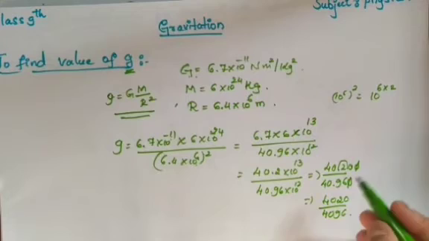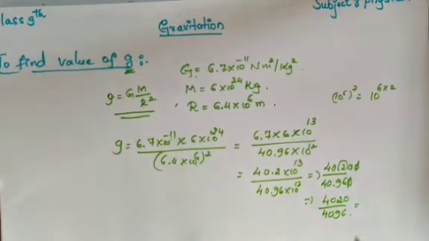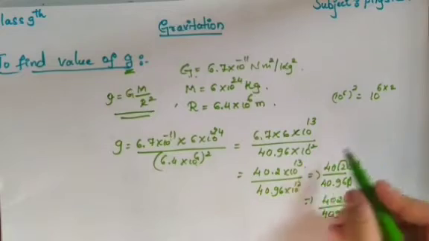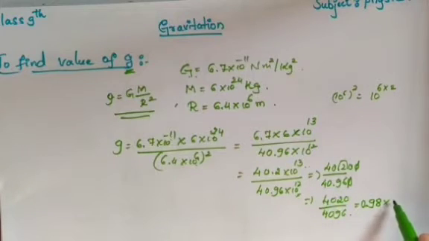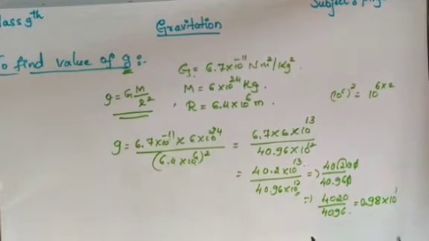Since 4096 is greater, I have to put 0.98 into 10 to the power 13 divided by 10 to the power 12, which becomes 10 to the power 13 minus 12, that is 10 to the power 1. That means 0.98 into 10, which gives 9.8.